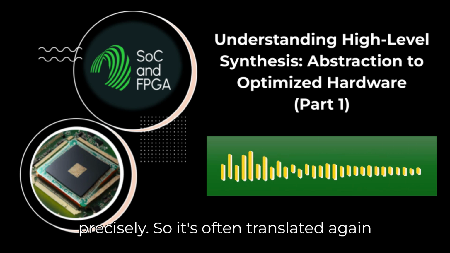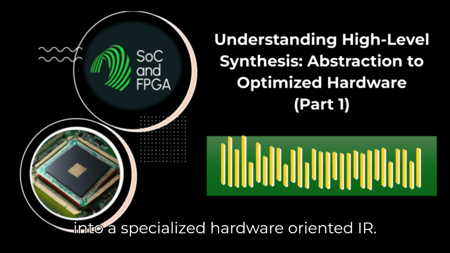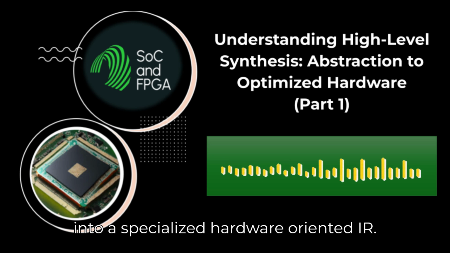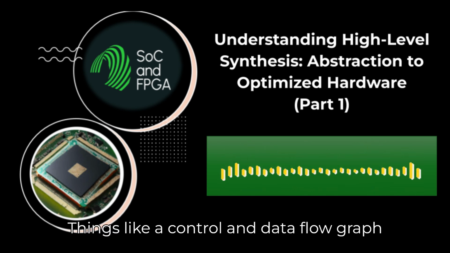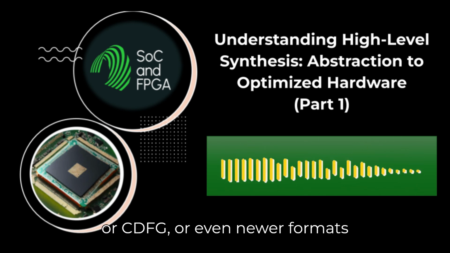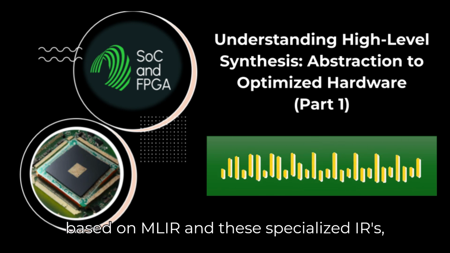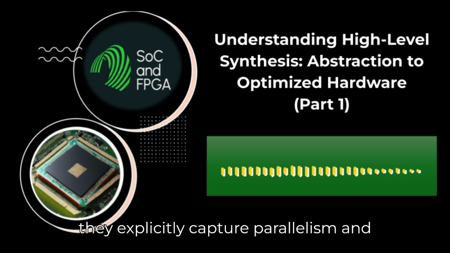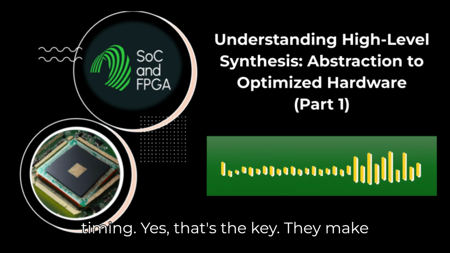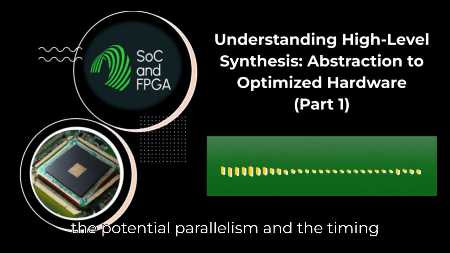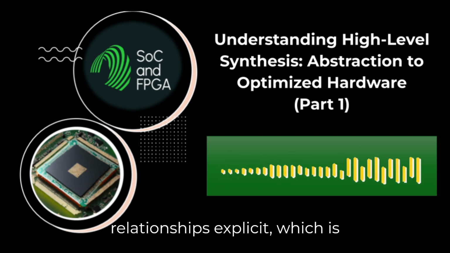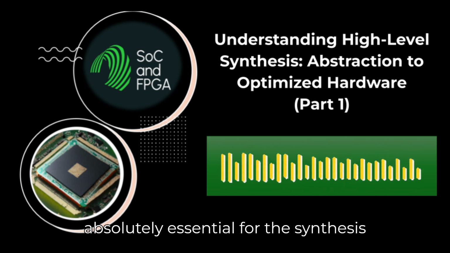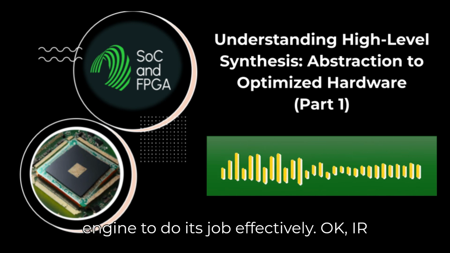Precisely. So it's often translated, again, into a specialized hardware-oriented IR. Things like a control and data flow graph, or CDFG, or even newer formats based on MLIR. And these specialized IRs, they explicitly capture parallelism and timing. Yes, that's the key. They make the potential parallelism and the timing relationships explicit, which is absolutely essential for the synthesis engine to do its job effectively.